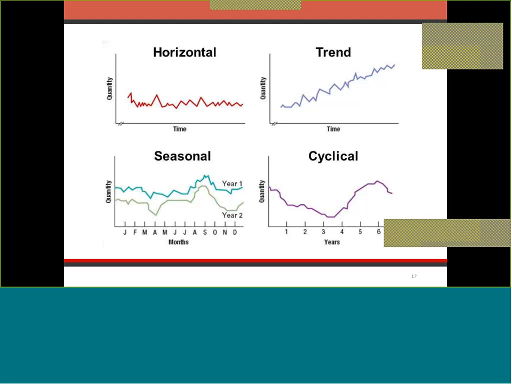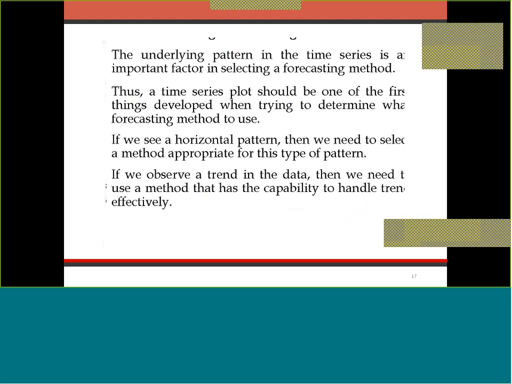Trend means going to different levels. Seasonal means repetition of ups and lows during a particular time interval. Cyclical means ups and downs over a business cycle. So like this, we have four different patterns of time series analysis.